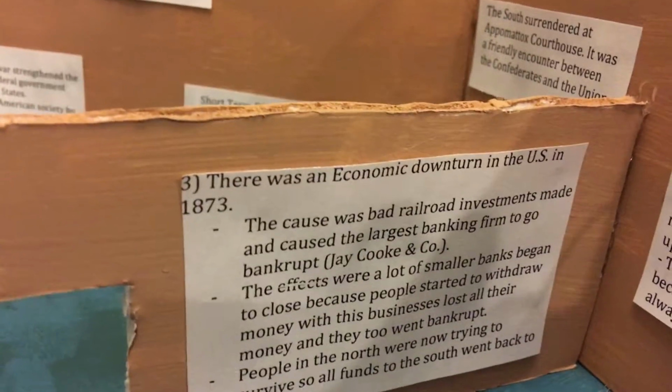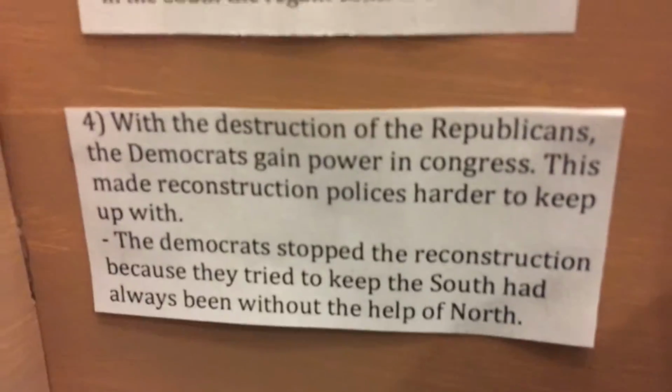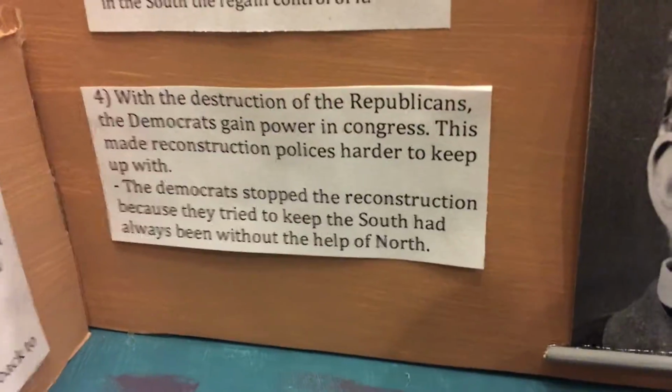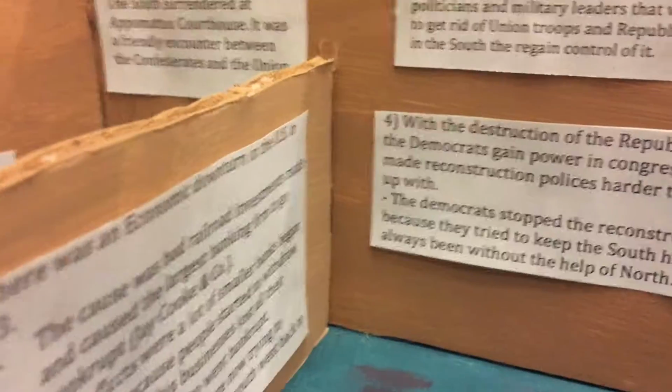Three, there was an economic downturn in the U.S. in 1873, which was the Panic of 1873. And four was the destruction of the Republicans, which led to the rise of Democrats in Congress.